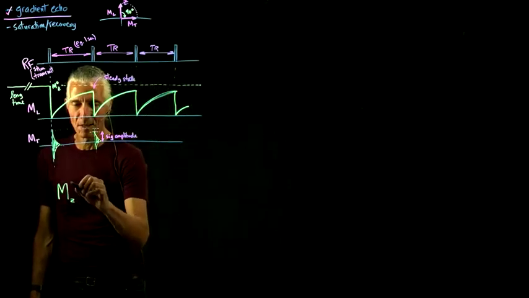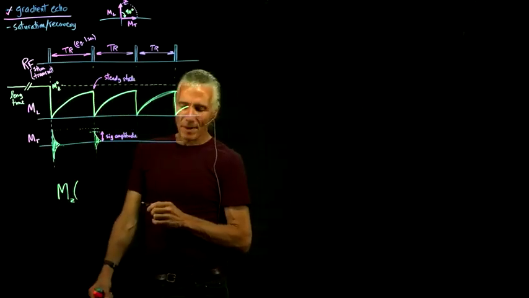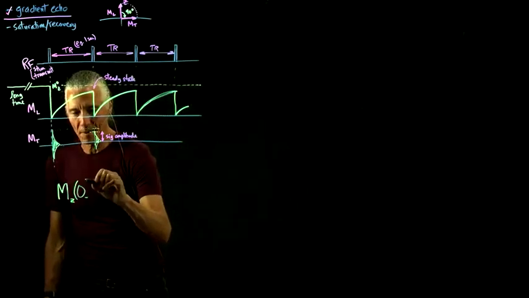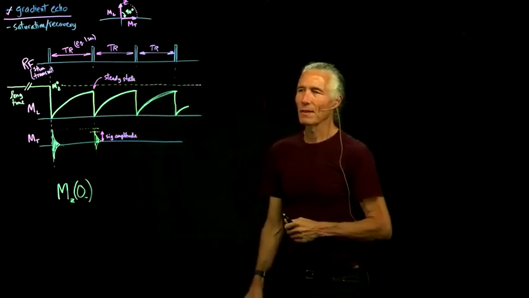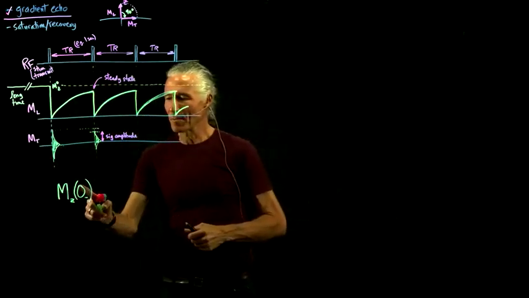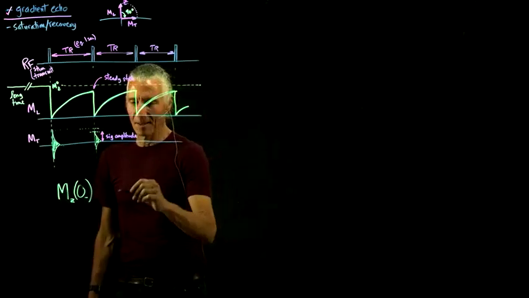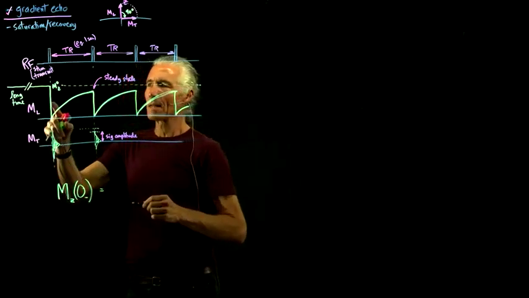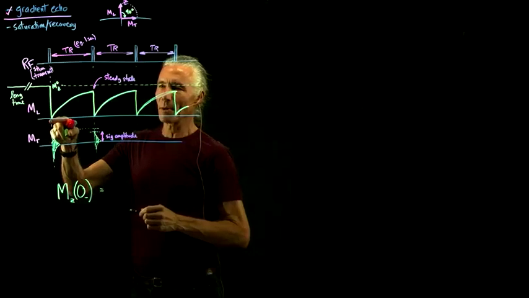Sorry, not MZ0: the Z magnetization right before the RF pulse is equal to, let's run the Bloch equation starting at this point.